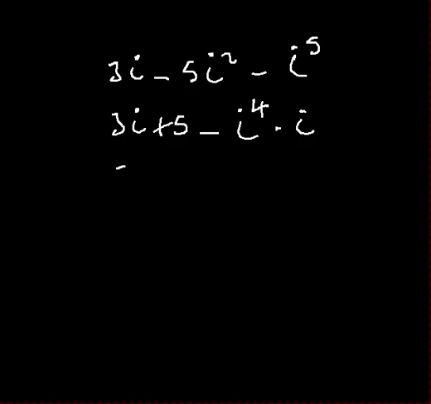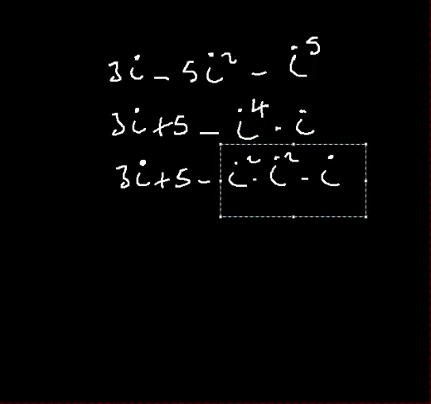And from there, we have it as 3i plus 5, and this should also be expressed as i to the power 2 in the overall to the power 2, or else you may think of having it as i to the power 2 times i to the power 2 and times i. It is also the same as that, but let me just use this notation.